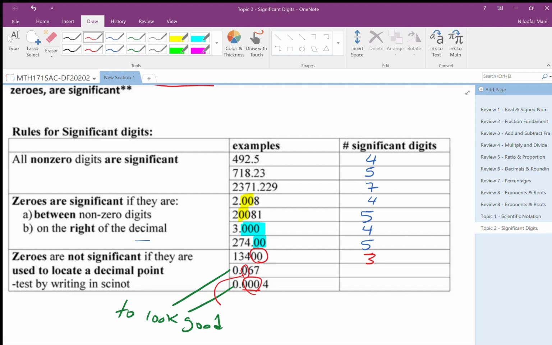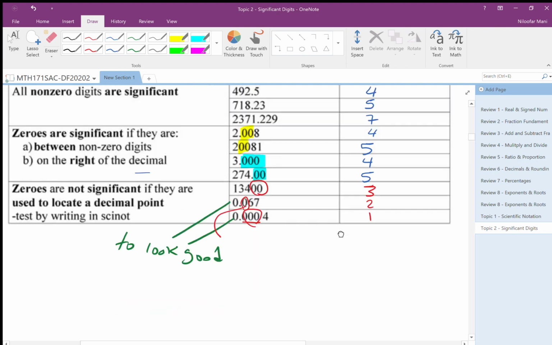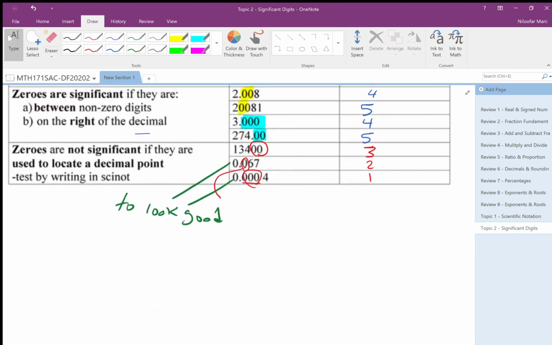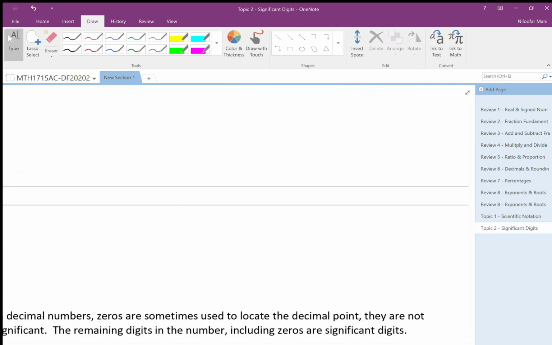So how many do you have here? 2. And how many here? 1. You don't count this. You don't count zeros at the end of a number when you don't have a decimal. You don't count zeros before the first non-zero digit if you have a decimal. So you don't count this.